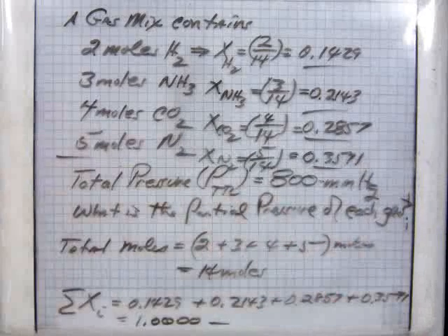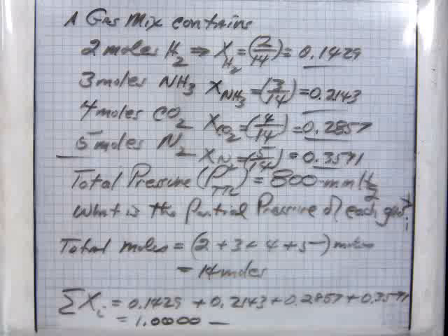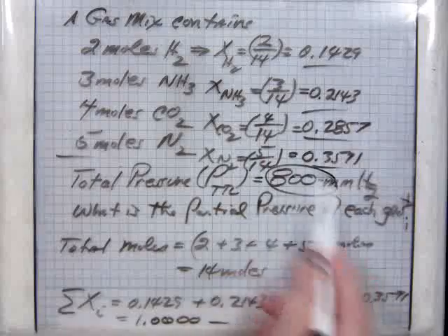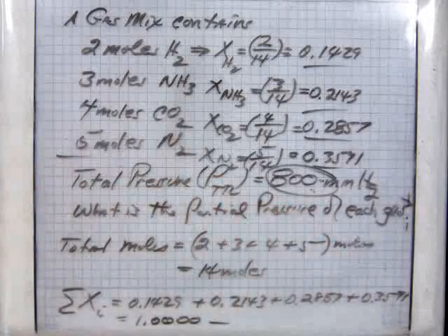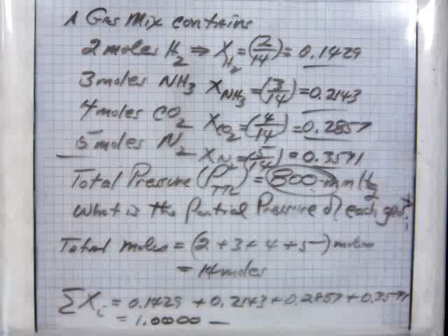Does that make sense to you guys? That's what a mole fraction is. It's just a percentage, but it's expressed in a decimal fraction form. Now, if you have a total pressure, listen to what I'm saying. We've got a total pressure of 800 millimeters. Each component exerts its fractional pressure contribution of that 800.